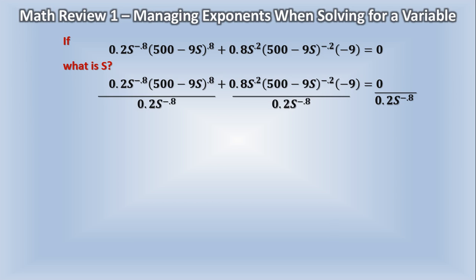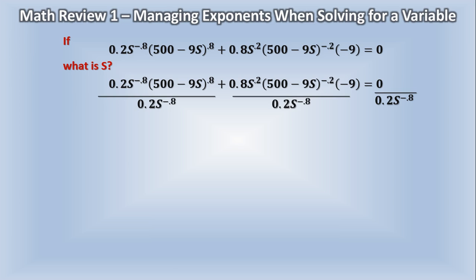So you have the same base s being raised to some exponent in the numerator over s being raised to some other exponent in the denominator, which means you have s raised to the power of 0.2 minus the exponent of the same term in the denominator, which is minus -0.8. 0.2 minus -0.8 is equal to 1, so that gets rid of that one.